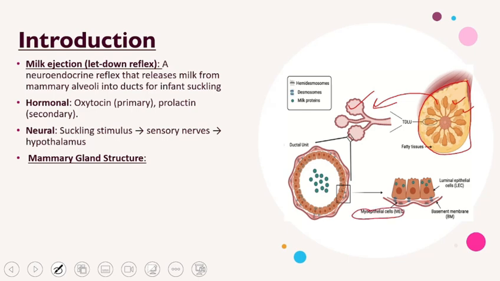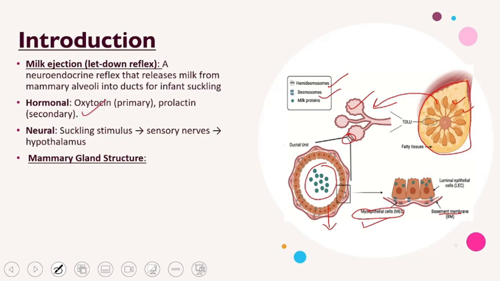You can see this structure consisting of the myoepithelial cells, which is attached to the basement membrane with the help of the desmosomes, and that contains the milk protein, which is released from this acini or alveoli once the myoepithelial cell gets contracted with the help of hormones like oxytocin.